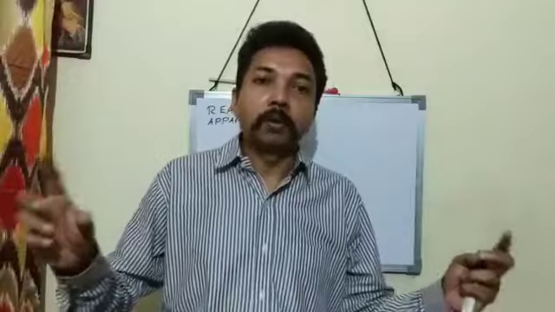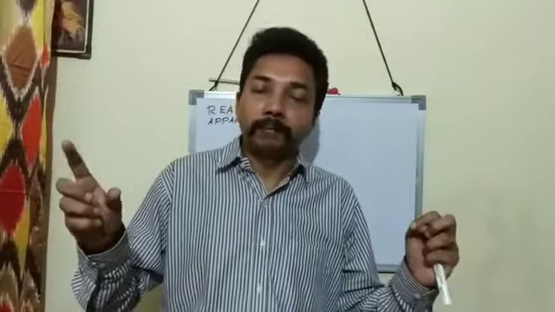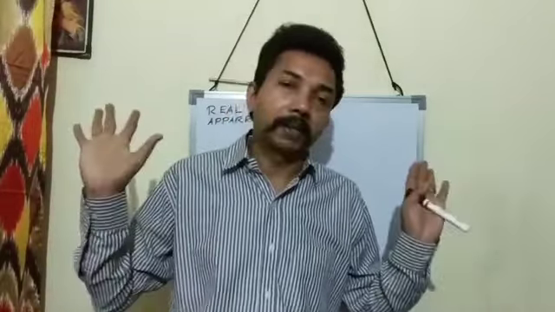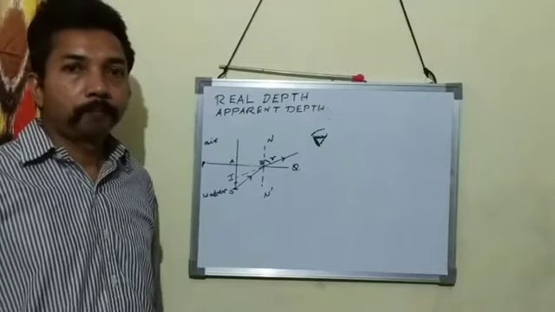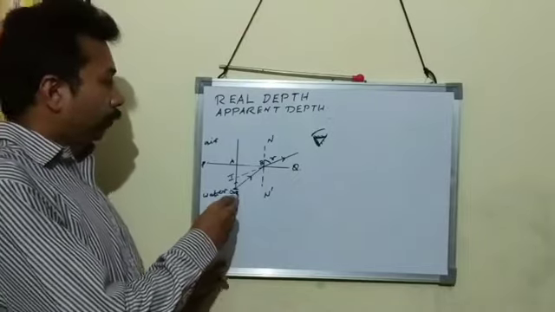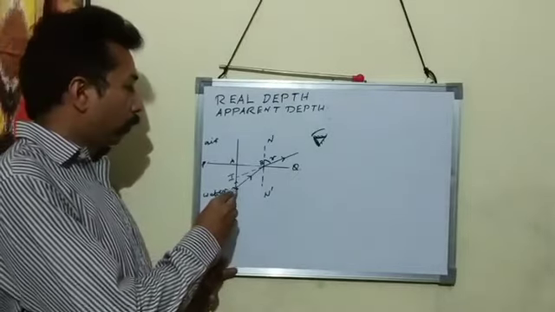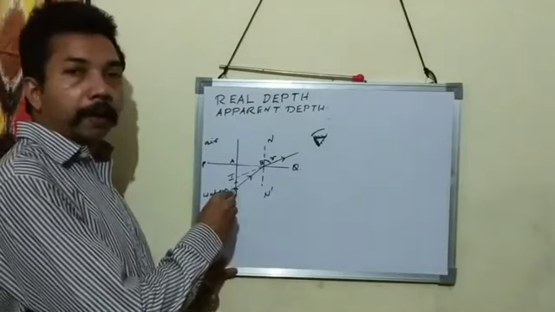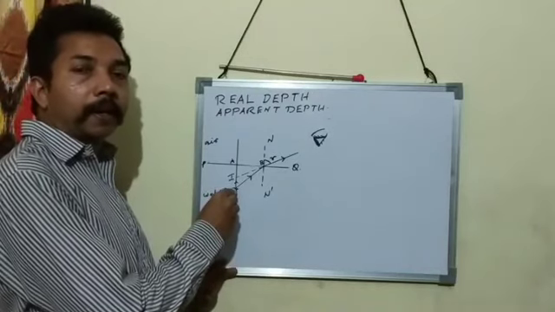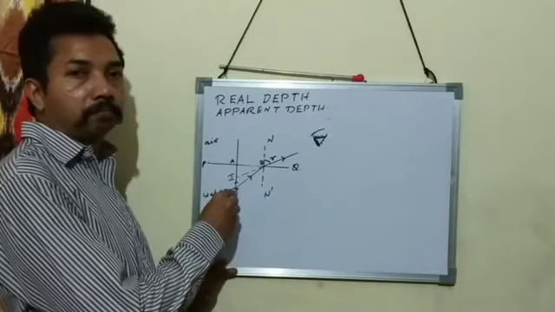So we are going to see the details about the real depth and apparent depth, and the relationship between real depth, apparent depth, and the refractive index. So here O is an object kept inside a denser medium.